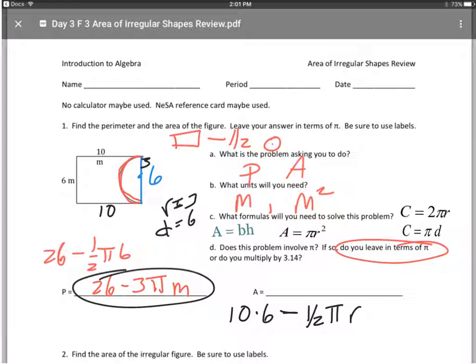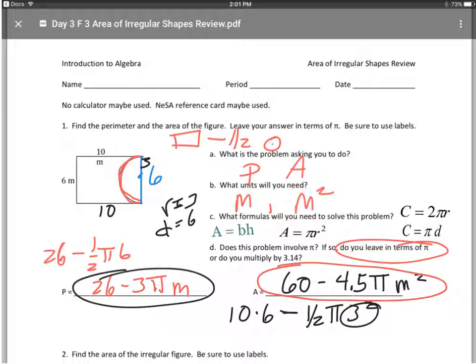Oops, want a 3 in there. 3 squared. So the 10 times 6 is 60 minus, and 3 squared is 9, right? So this right here is 9. Half of 9 is 4.5. Don't lose the pi. So 4.5 pi, and this will be area, so it's meters squared. So there's our answer for area that we're looking for.